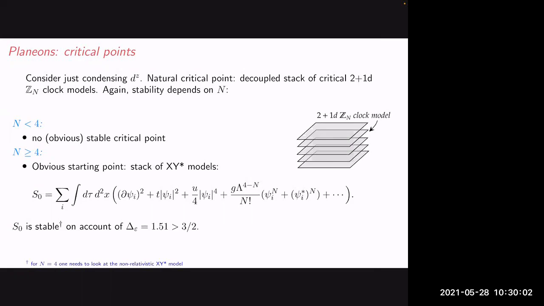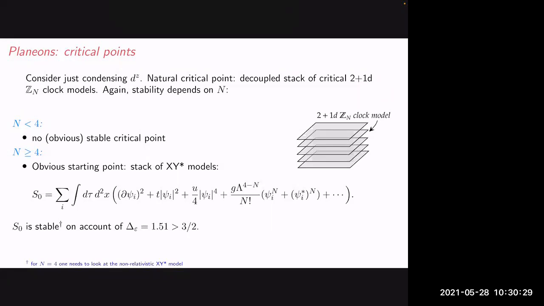Then the natural critical point that you would be prompted to write down, and indeed what occurs in various explicit models, is a critical point that just consists of a stack of 2+1d critical Zn clock models. So it's essentially the same idea as in the line-on condensation case, except here the critical fluctuations occur in one higher dimension.